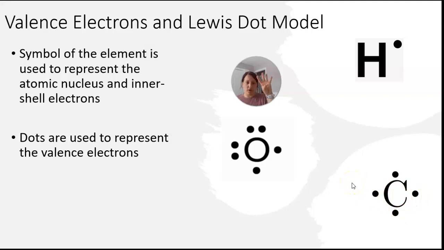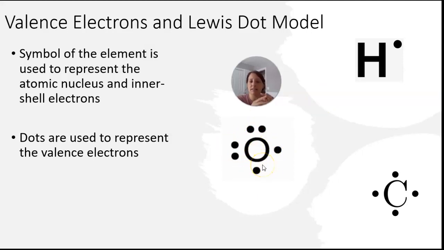So carbon has 4 valence electrons. Here's oxygen. Again, I'm going to ignore the first shell, which holds 2. The second shell is going to hold 6. So I put them in one at a time: 1, 2, 3, 4. And once I fill my 4 spots, now I'm going to double them up, 5 and 6.